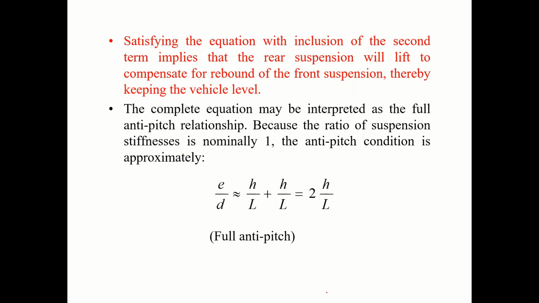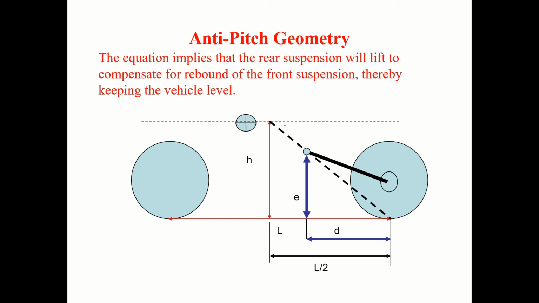Fine. Now by chance Kr is equal to Kf. Then our E by D will become approximately 2 H by L or H by L by 2. So now let me draw H and L by 2 from here.